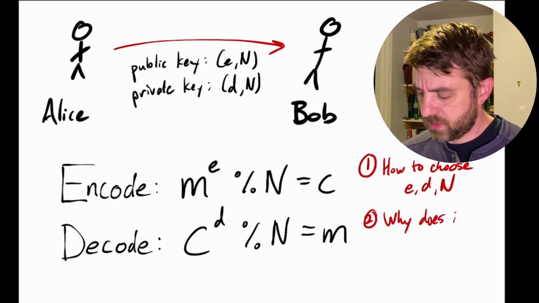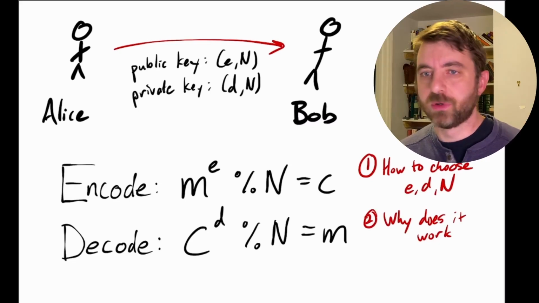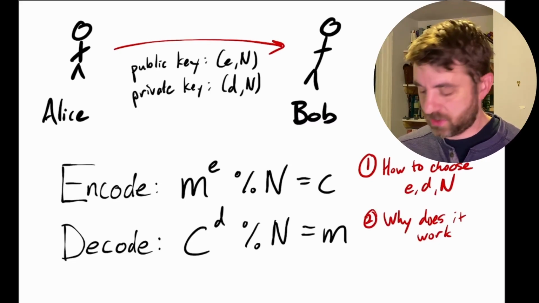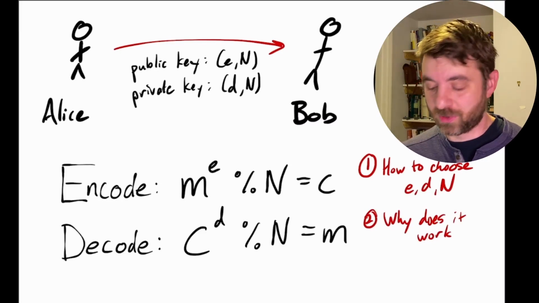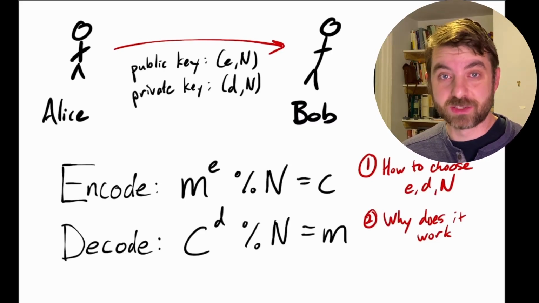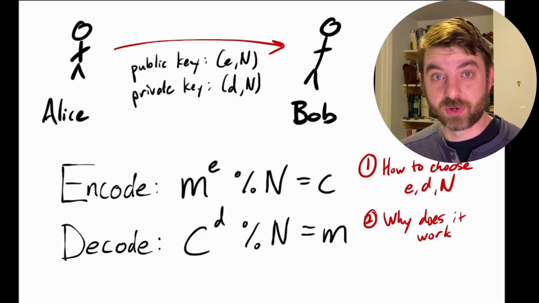Because it's not obvious that we should be able to have numbers like E and D that can undo each other by this exponentiation. Usually you think of logarithms when you're undoing exponentiation, but it's not clear that logarithms actually even make sense in this modular arithmetic framework anyway.